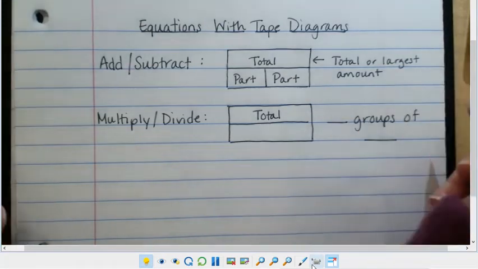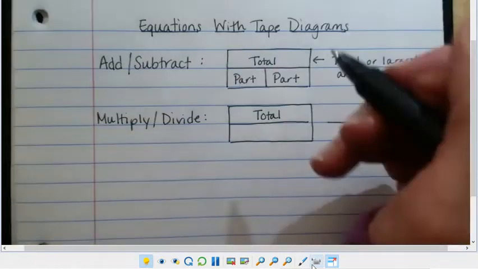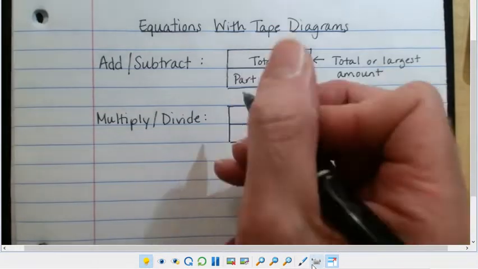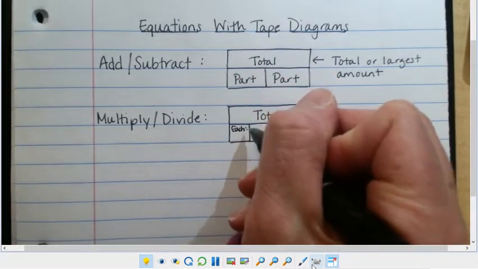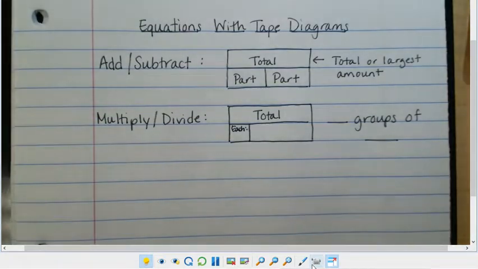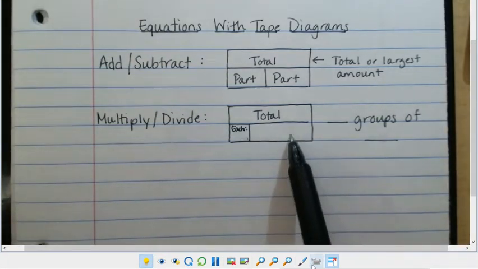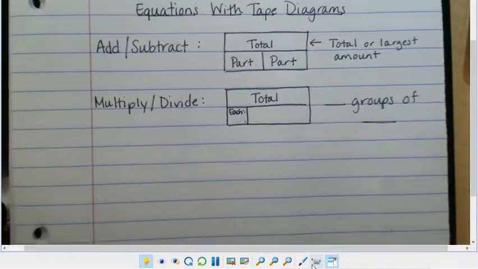So 3 groups of 10 or something like that. So we can make those little groups in here if our numbers are small enough. But if they're not, we're going to end up with a box that is what each group is worth. So it just says each in it. It's just a little box that says each. And today we're going to use some really small numbers, so we'll be able to draw our groups in here. But when we get into larger numbers, we're going to make that each box.